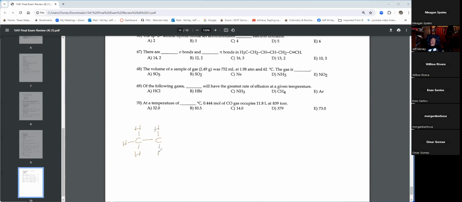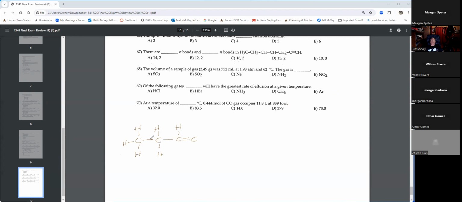Just hang your H2s out there. And then what do we got? We got another single bond to carbon with 1 hydrogen hanging off of it. Then we got a double bond. Remember, you can only make 4 bonds to carbon. 1, 2, 3, 4.